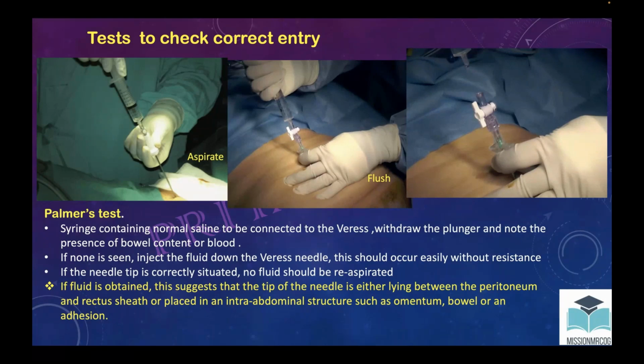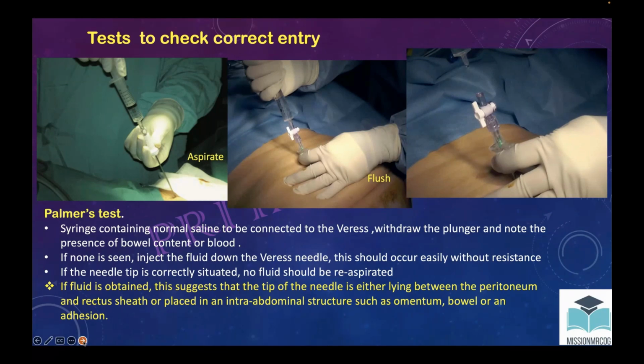You might have seen in surgery that even the senior surgeon always does the Palmer test. It is an important test to find out whether the needle is intra-abdominal or not.